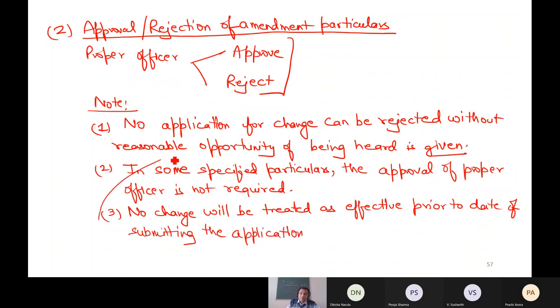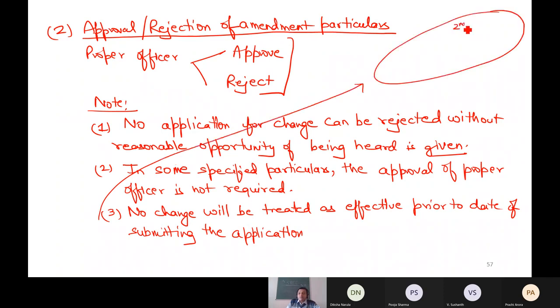Now, for example, let me explain this third point. Some change happened on 2nd December 20. I filled the application on 5th December 20. Application I submitted through the online portal on 5th December 20.